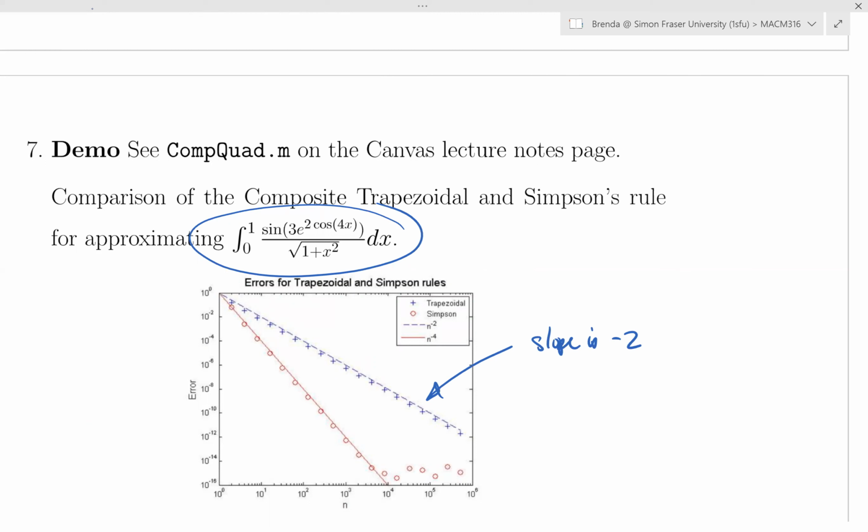And here is Simpson's method on the same function, and what is the slope there? -4, yeah. Okay.